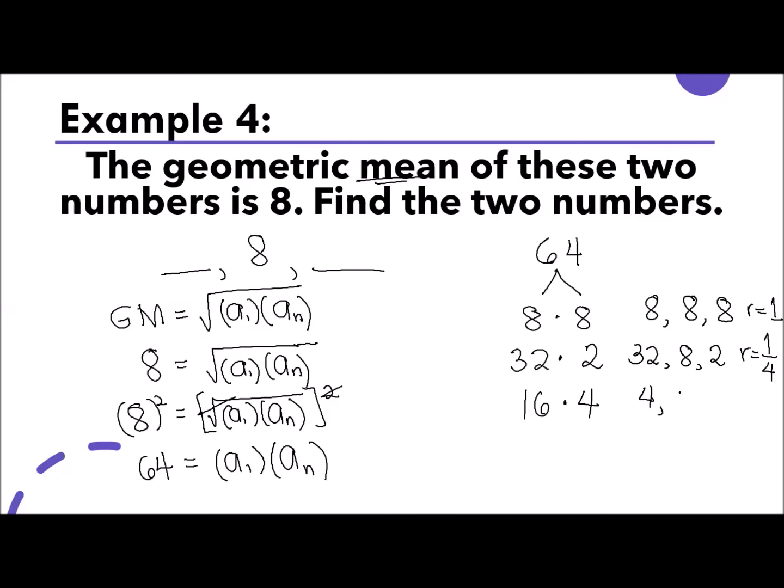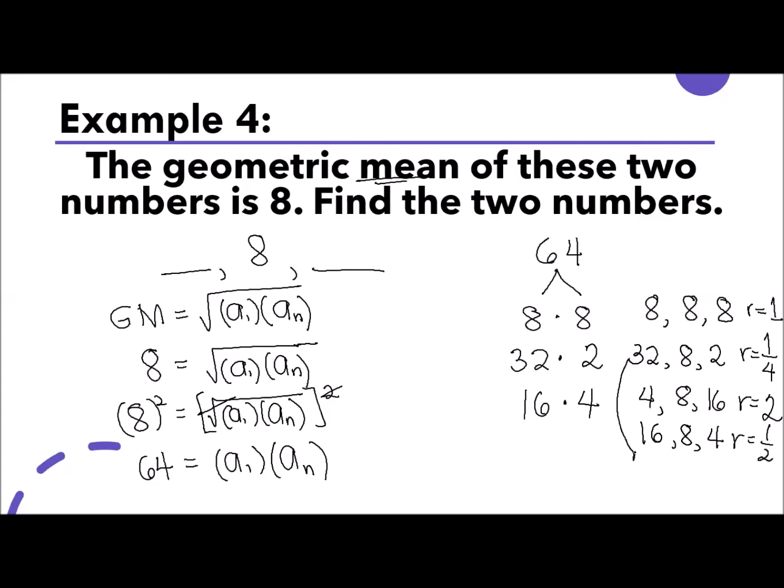Sige, gawin natin yan. 4, 8, and 16. May common ratio ba tayo? Yes, meron. So, that is 2. So, ito rin, pwede rin pagbaliktarin. 16, 8, and 4. Ang magiging common ratio nga lang ay 1/2.